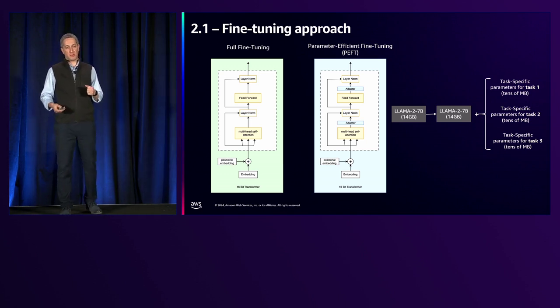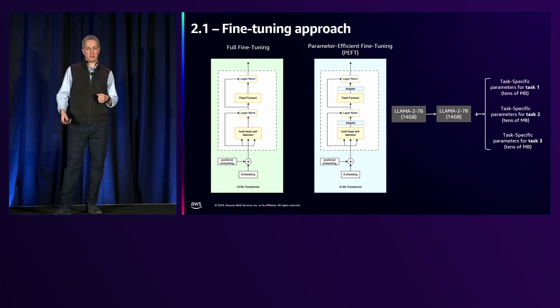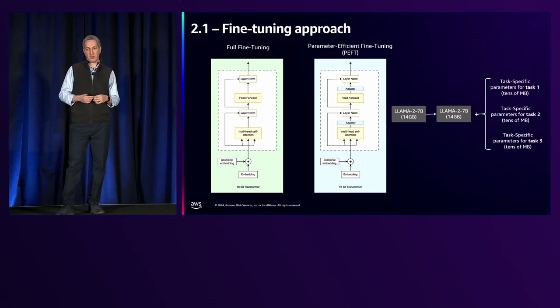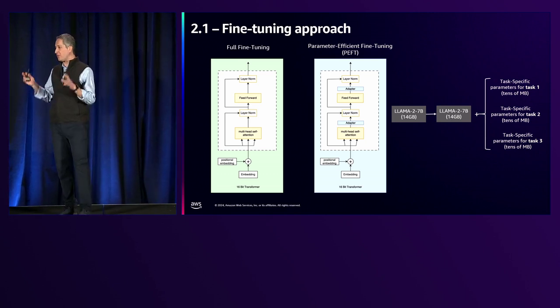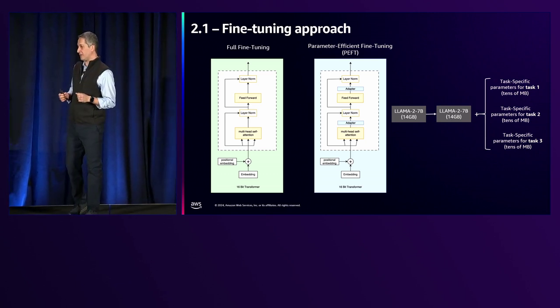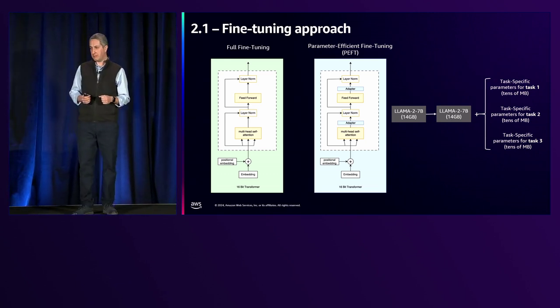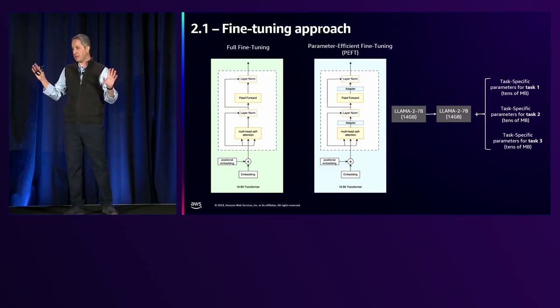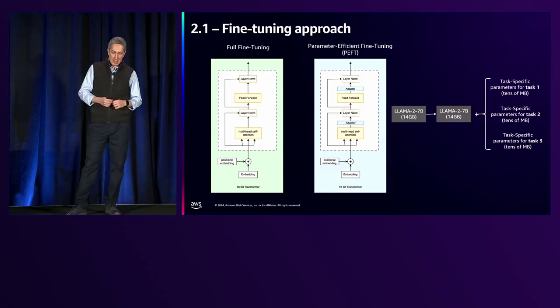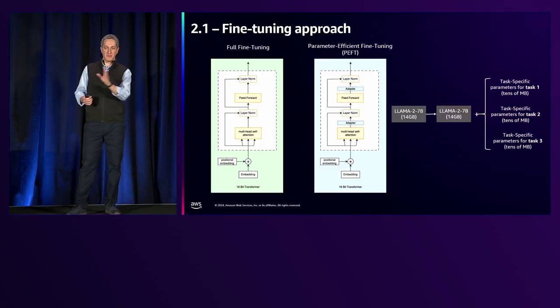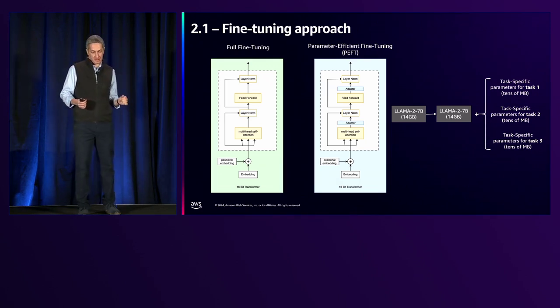Let's say, for example, for Llama 2 7B, parameter-efficient fine-tuning only requires around 5% of the parameters of the model to be updated, and 95% of them stay frozen. Another benefit is that we are updating only those modules in blue, those adapters.